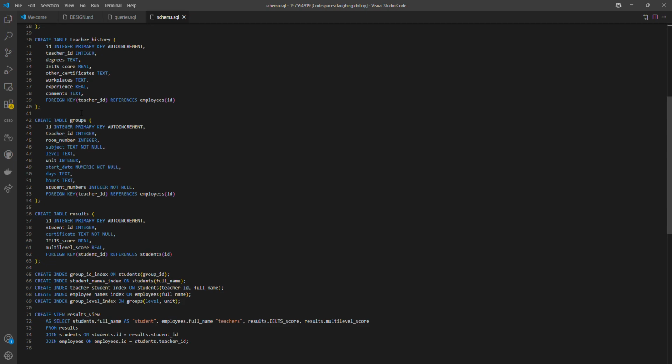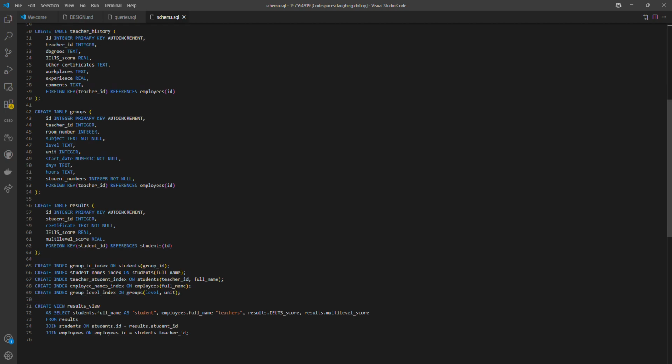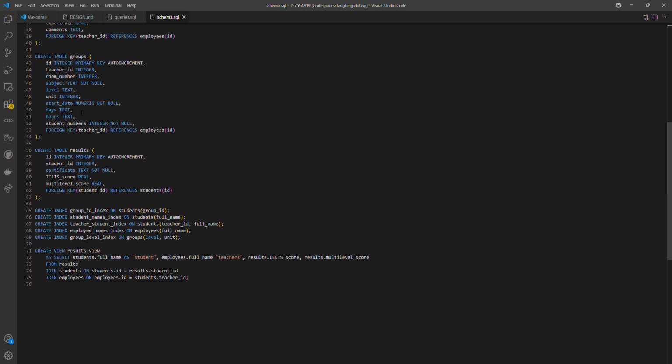And there is a column called IELTS score because Bilim Ziyo is an English teaching study center. A lot of teachers have IELTS scores, so I allocated one column called IELTS score.